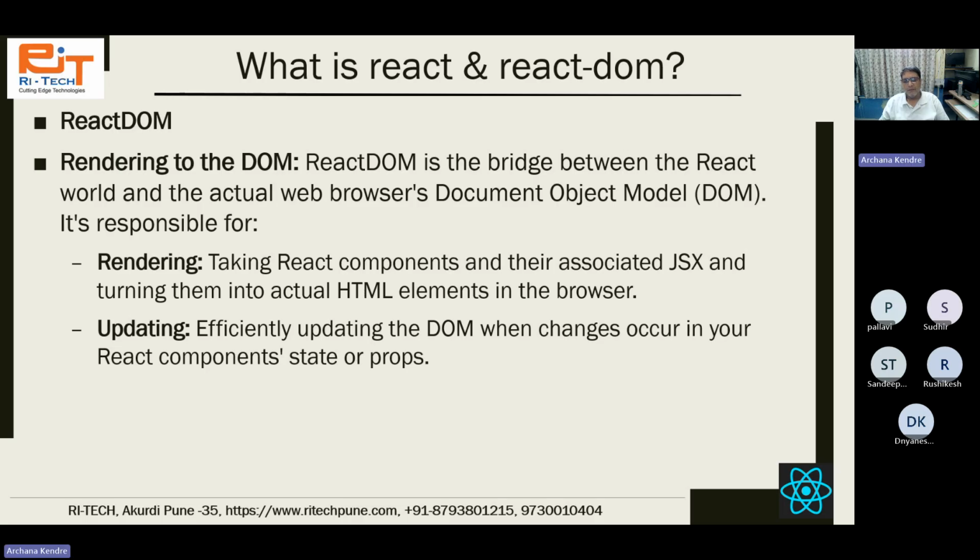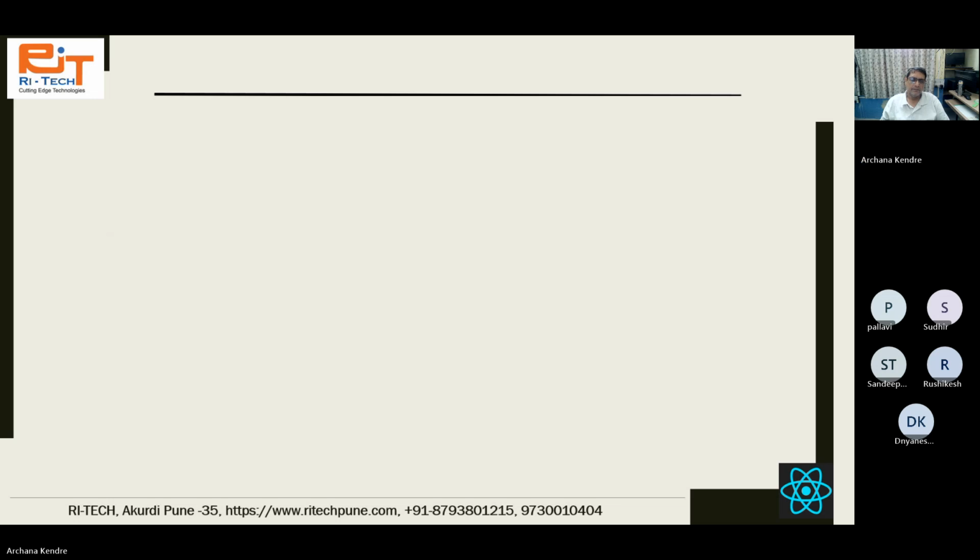It also efficiently updates the DOM when changes occur in React component state or props. If any change occurs in a React component's properties or state, updating those changes into the browser DOM is again the responsibility of React DOM.